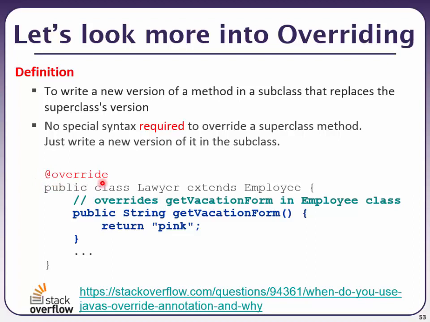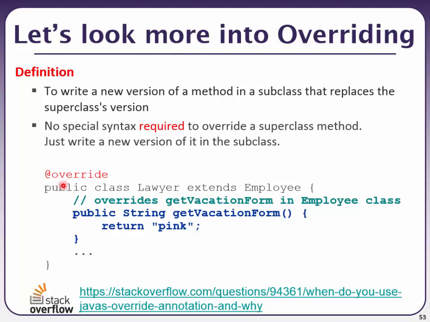So we are not going to talk much about annotation right now. Okay, we'll talk about them later. But just in the context of overriding, I want you to know that you are going to find code where the programmers have added this keyword @override in front of some method. And it's just a way to say, I am actually intentionally overriding this method in my class lawyer, okay?